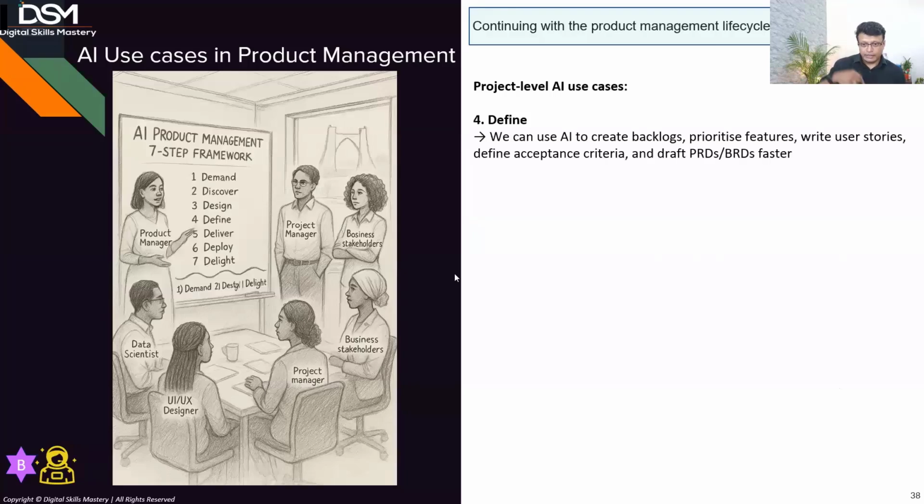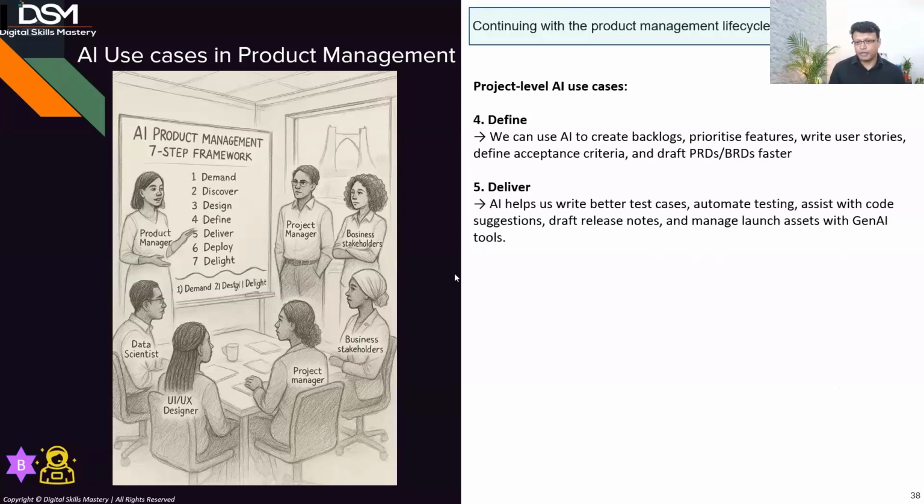Now, continuing with the next stage of the product management lifecycle, in the definition phase, you are creating backlogs, prioritizing your features, writing user stories with acceptance criteria, and drafting your PRDs and BRDs. I will show you, if time permits, maybe tomorrow, that you can give a prompt, and for the same example of fashion analytics, you can get a list of user stories, verify it, and fine-tune it a little based on your product, but you don't need to write it from scratch.